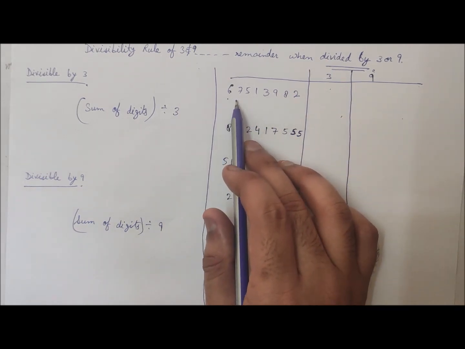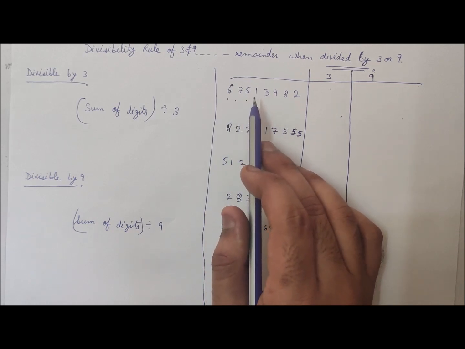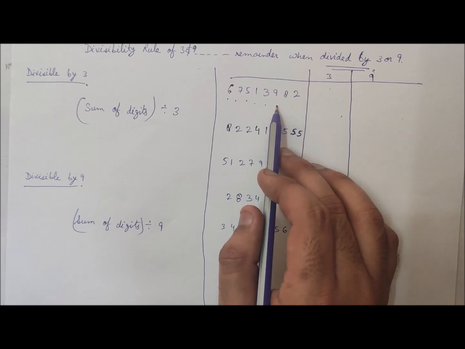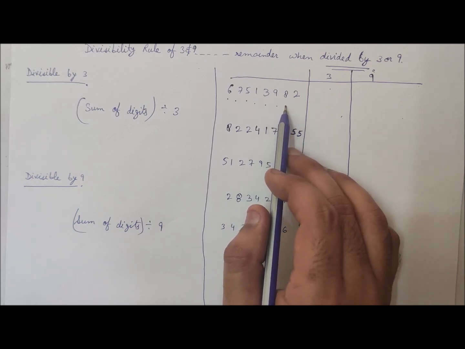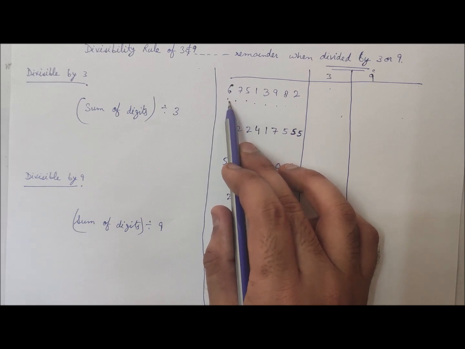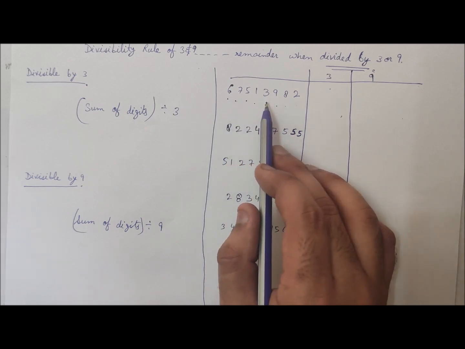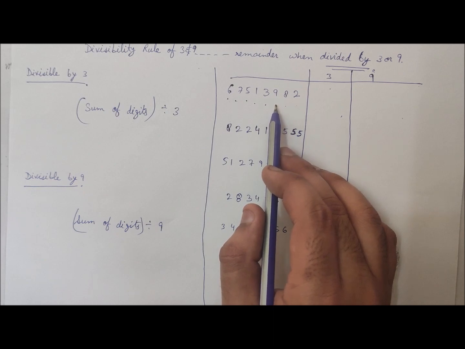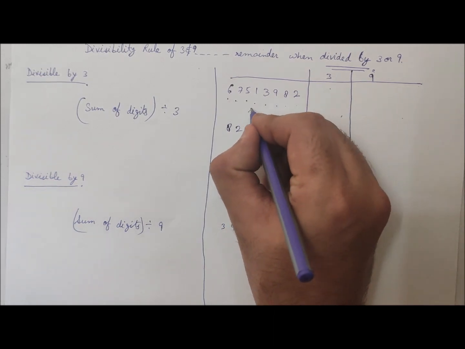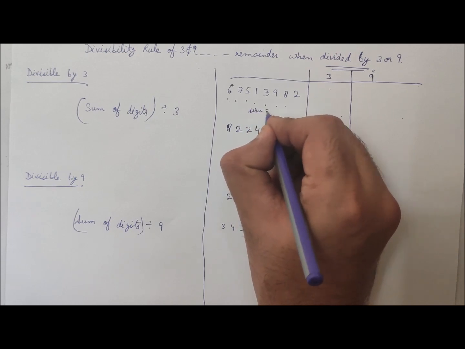So 6 plus 7, 13, 13 plus 5, 18, 18 plus 1, 19, and so on. Let me quickly recheck it: 13, 18, 19, 22, 31, 41. I'm sorry, the sum is 41.